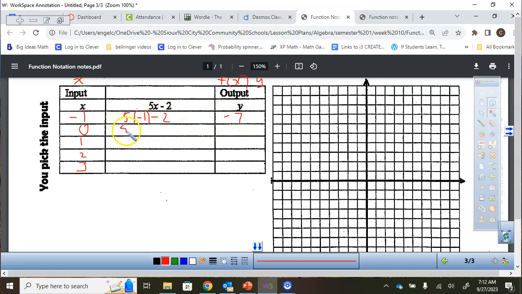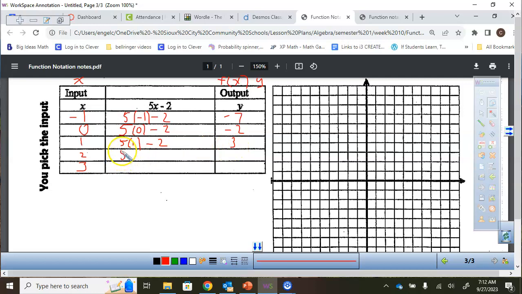Now I'm going to perform the same operations, but with an input of 0, because my x is 0. So 5 times 0 minus 2 would just be 0 minus 2, or negative 2. I'm going to put in 1. So 5 times 1 is 5. 5 minus 2 is 3.